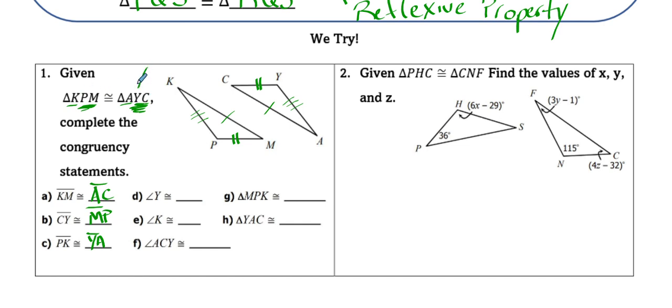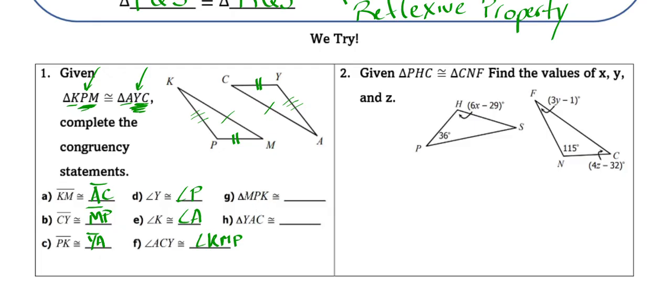So angle Y is congruent to angle P. Angle K is congruent to angle A. And then triangle ACY is congruent to triangle KMP. Now we're just talking about these triangles, just written differently.